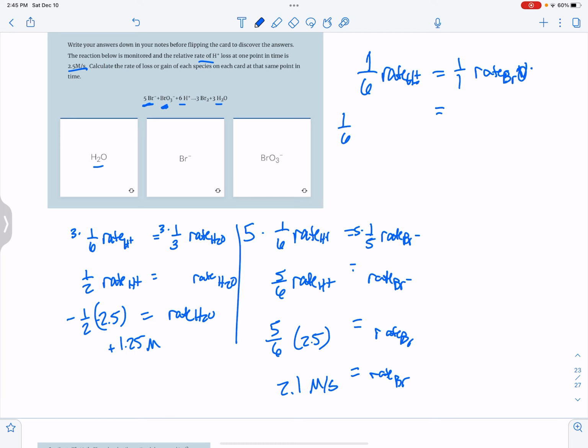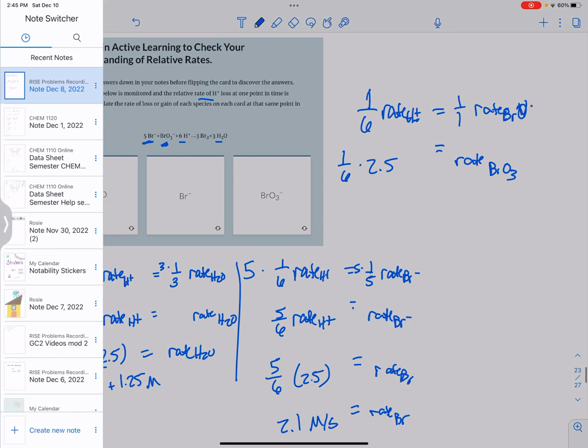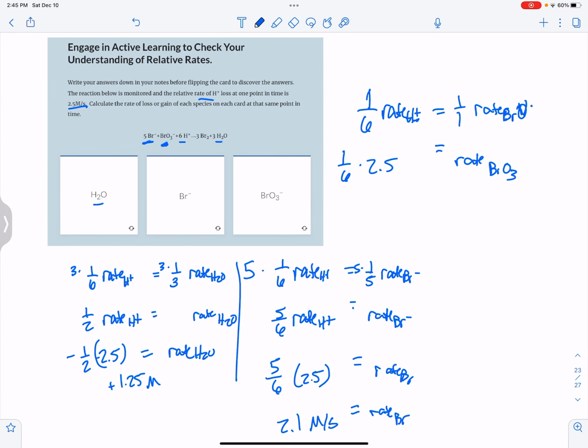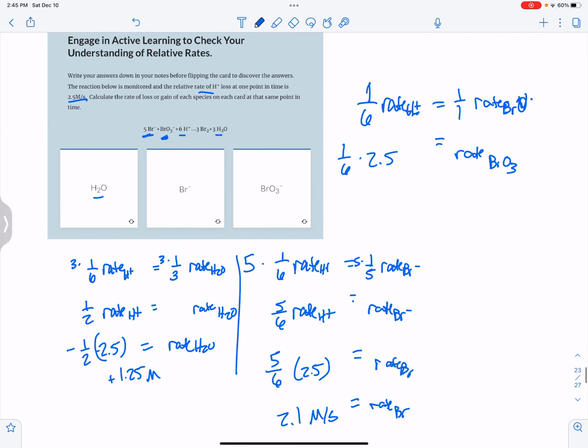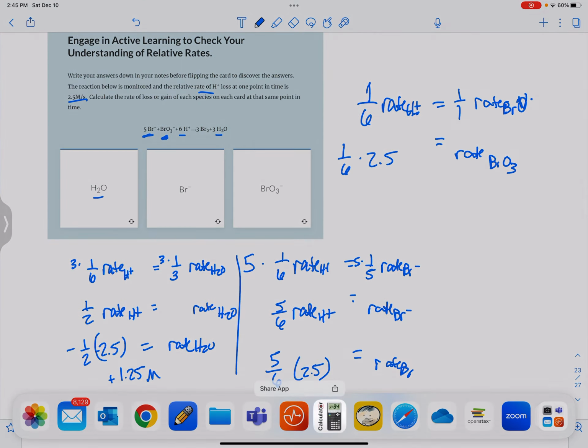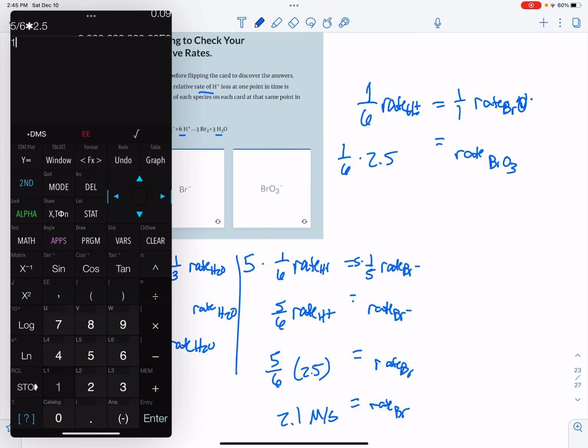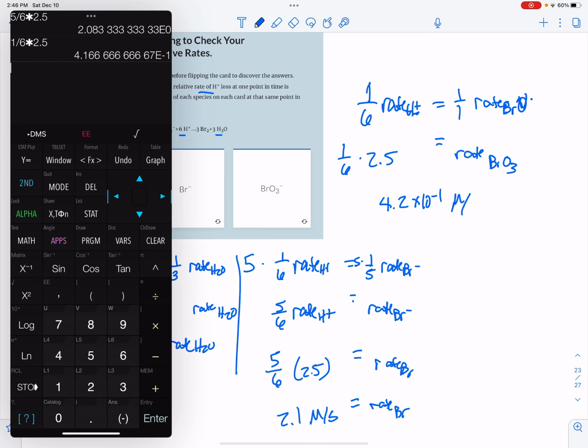So 1/6 times 2.5 is equal to my rate of BrO3. Trying to get my calculator to come up. Last time I'm having calculator issues. Divide 1/6 times 2.5 gives me 4.2 times 10 to the minus 1 molarity per second.